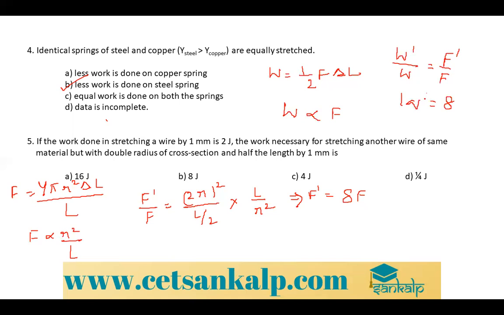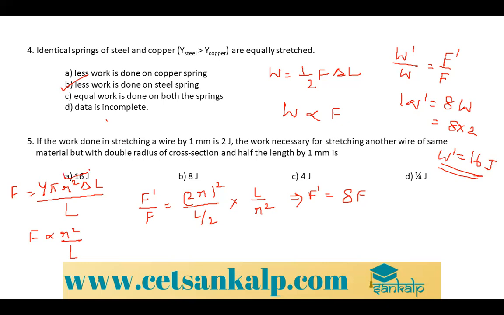So W dash is equal to 8W, and the work done they've already given is 2 joules. So 8 into 2 is 16 joules. So W dash is 16 joules, so option A.